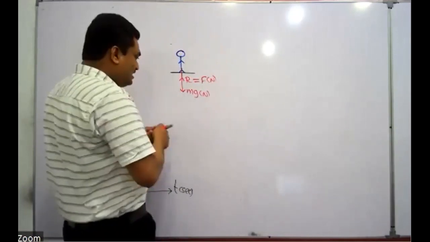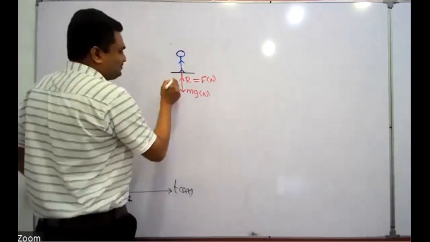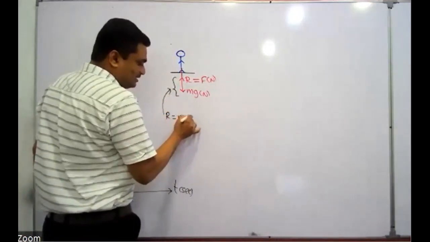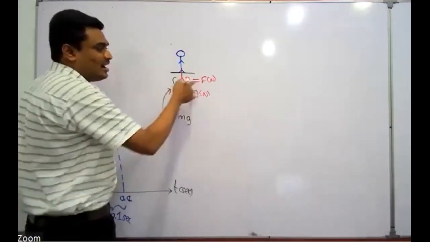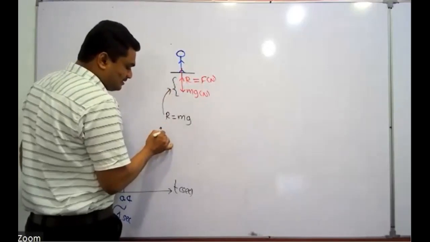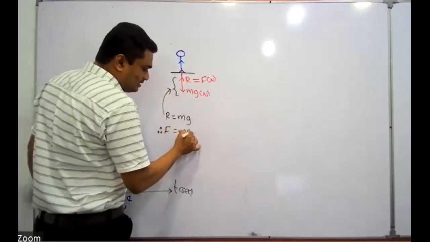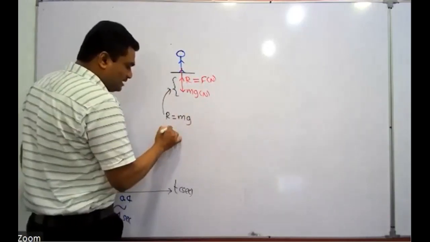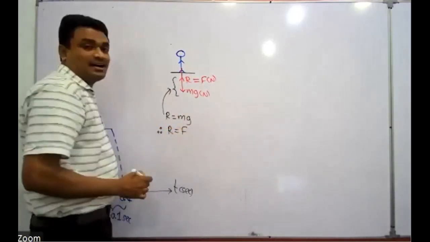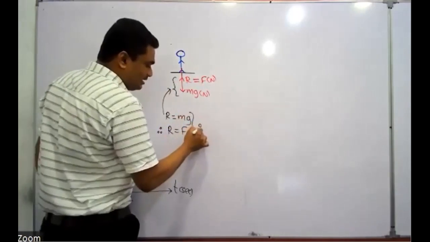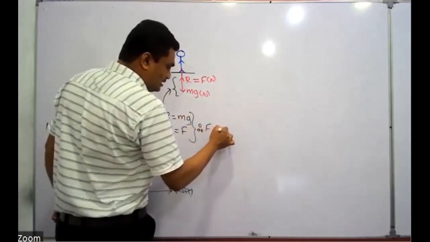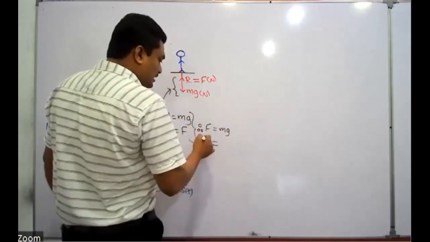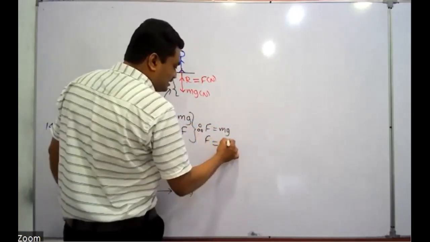Alright. So initially what should happen? Initially R equals mg. R is F, so F equals mg. They have said mg is 650.